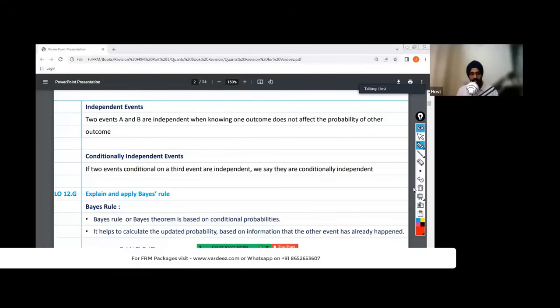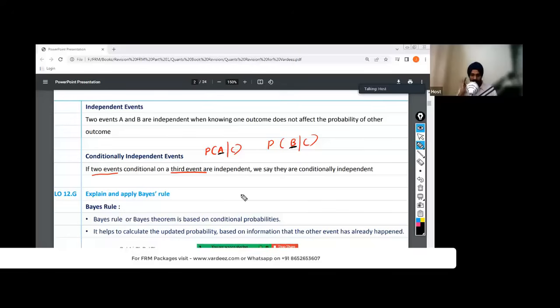What are conditionally independent events? If two events, say the probability of A and the probability of B, are conditional on a third event, let's say C, then we say that they are conditionally independent events. Initially these two events, A and B, are dependent upon each other.